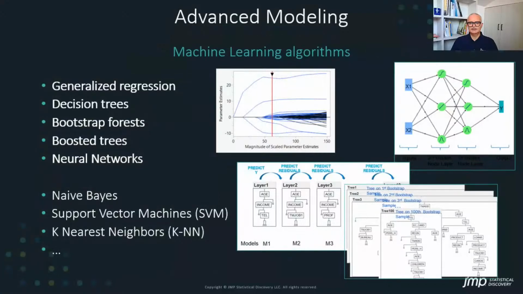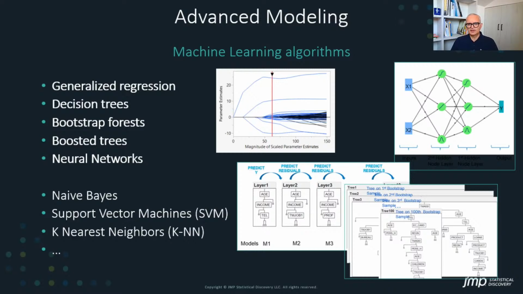This will be done in terms of these JMP Pro features. First of all, in JMP Pro you have a lot of machine learning algorithms that you can run: generalized regression, decision trees, neural networks, and so on.